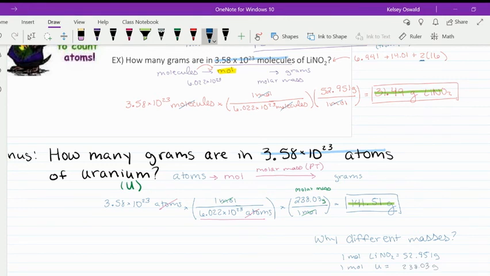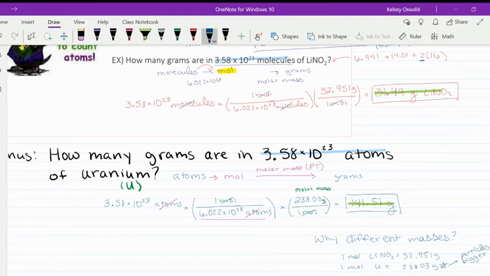So we can see that our uranium is much more massive, so the particles are going to be bigger. Since we have the same number of particles in a mole, 6.022 times 10 to the 23rd, and our mass of uranium for those 6.022 times 10 to the 23rd particles is larger, that tells us an individual uranium particle is going to be bigger.